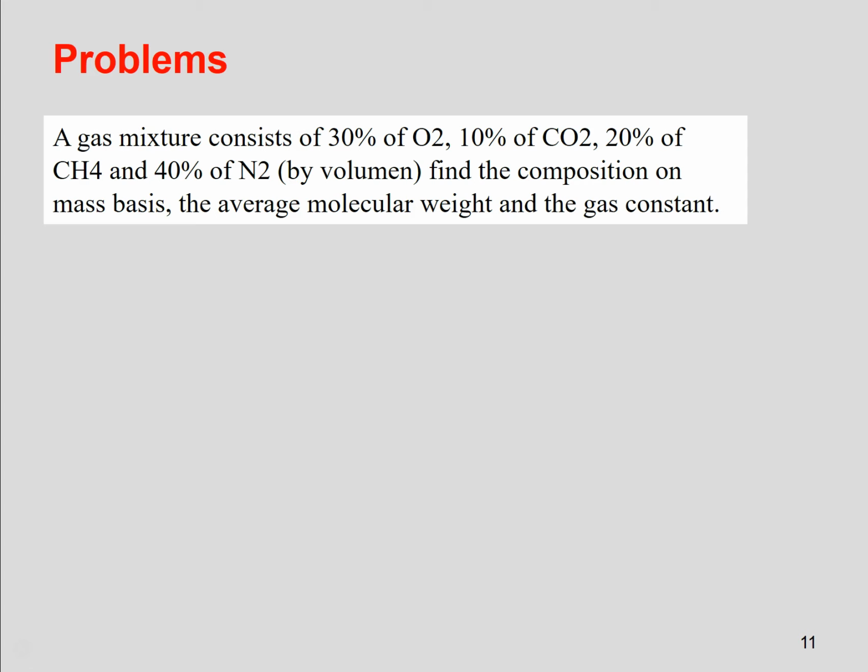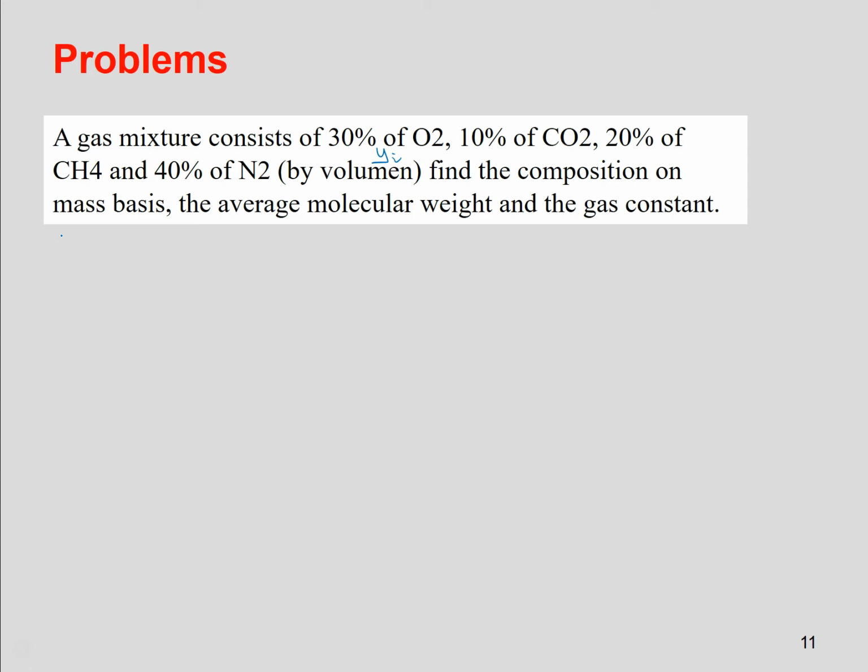The difference here is that the percentage of this mixture is given by volume, and in this case we don't have the total number of moles, we just have the volume, and we said that by volume means that this is the molar fraction. At this point, we're going to take it as true, and we're going to find out why this is true in the next video.